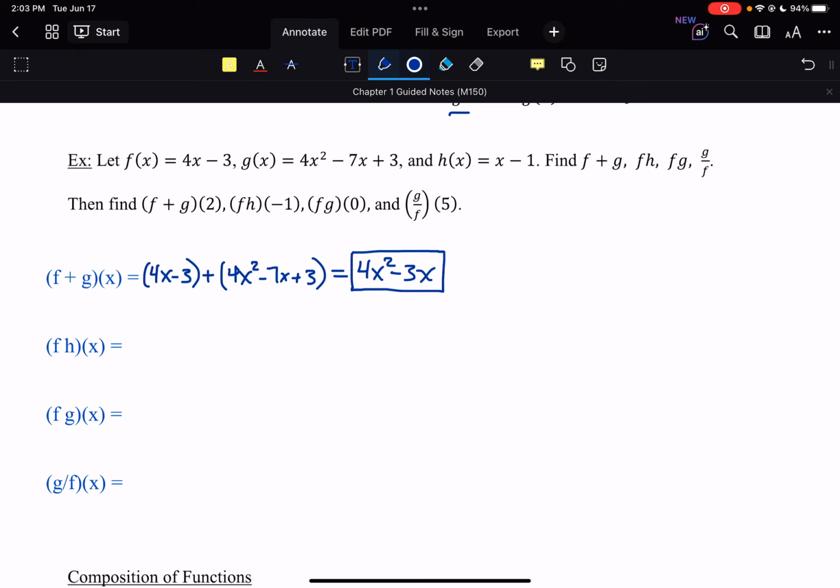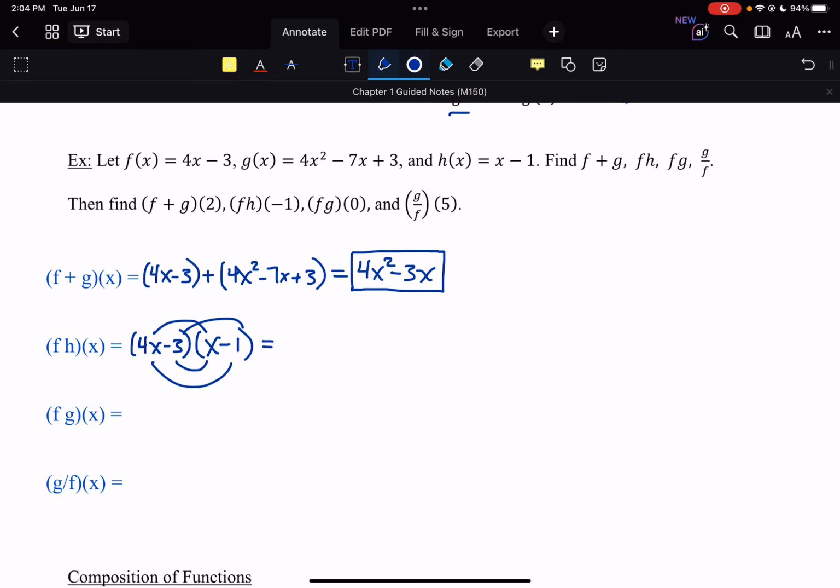For f times h, we have 4x minus 3 times x minus 1. So we need to multiply this out and distribute. You can think about this as foiling, if you remember foiling from algebra. You have first, outer, inner, last.